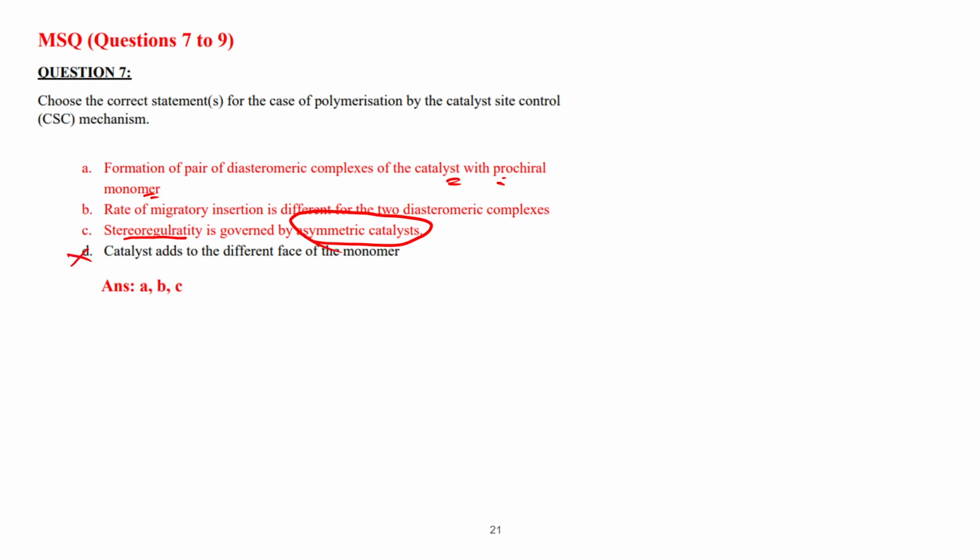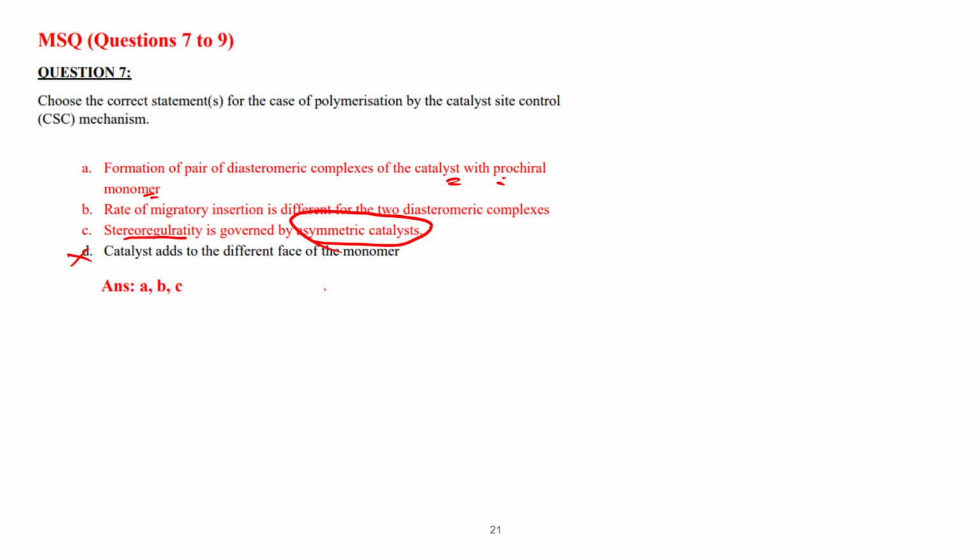This is true because if we add different phases, meaning the R phase and S phase, then you end up with a racemic mixture, and no selectivity would be there. So for this, I can explain in two ways. You can just consider normal hydrogenation. Let's say you have your catalyst.